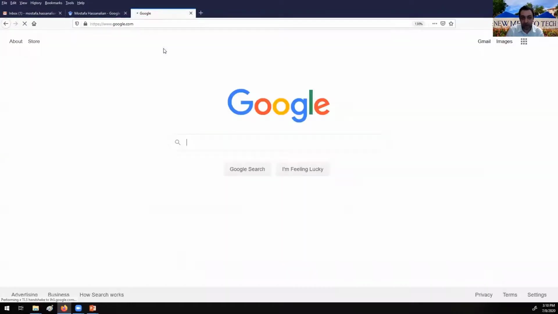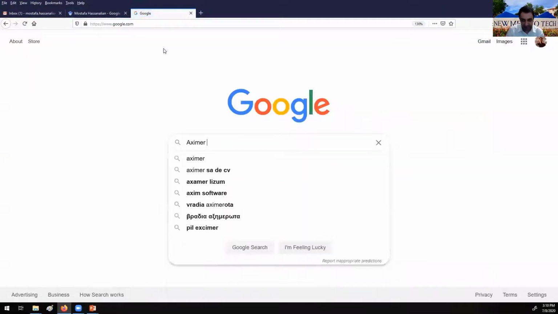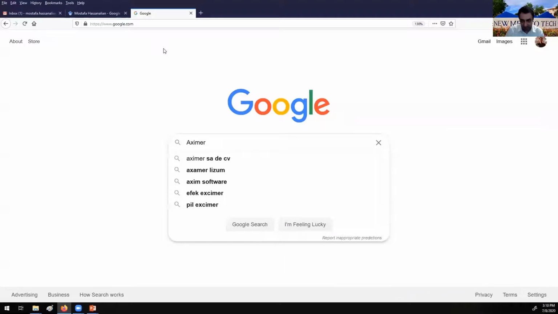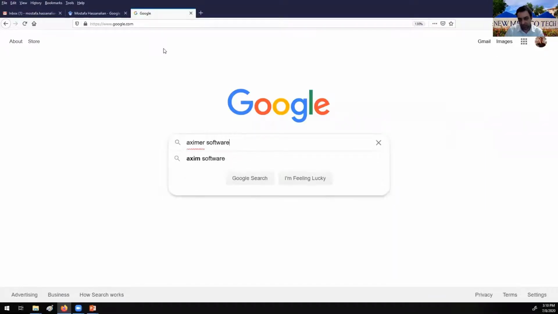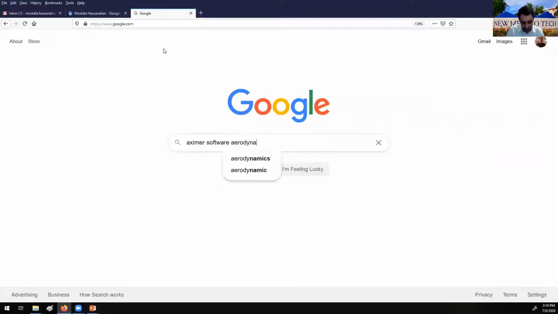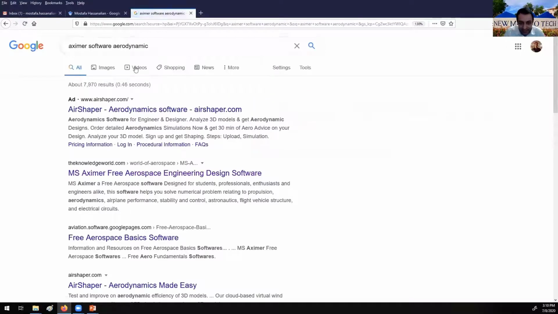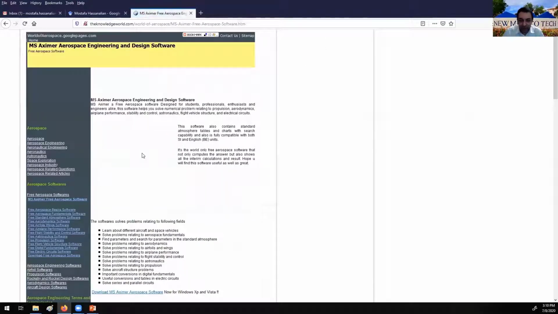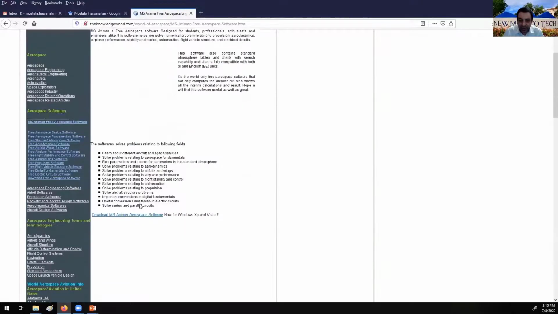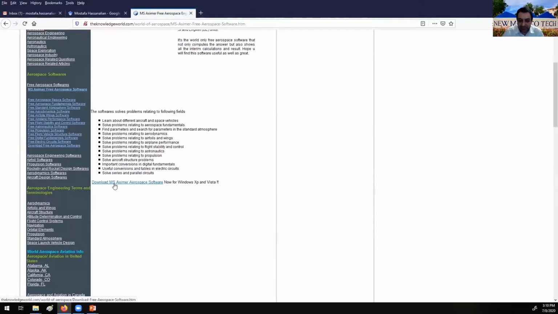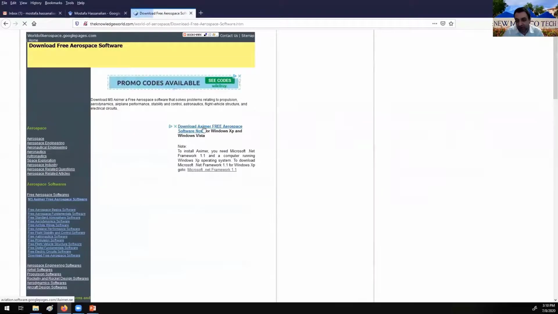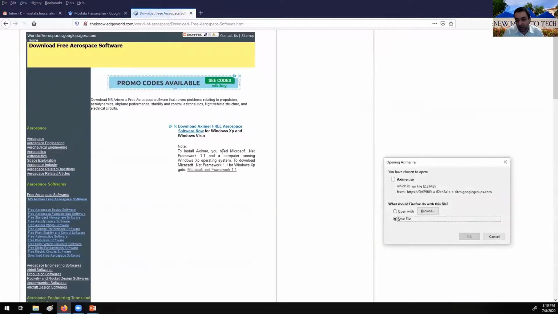If you go to Google and search for Aximer software for aerodynamics or atmospheric characteristics, this is the MS Aximer free aerospace engineering software. You will go here, and this is the download for MS Aximer aerospace software. You can easily download the software.